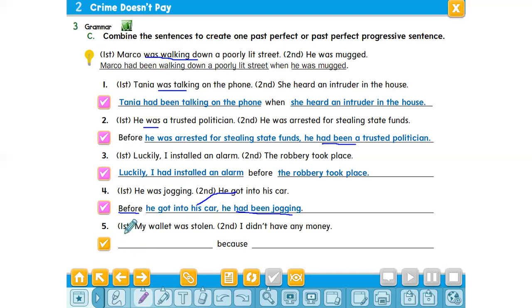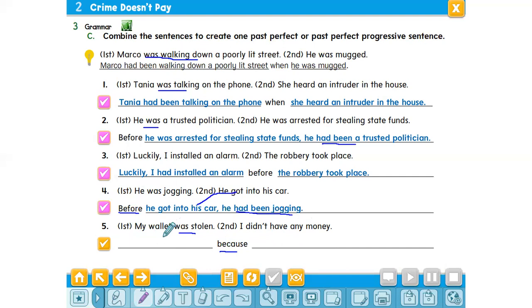Number 5, at first my wallet was stolen. Was stolen. It's the past. Then I didn't have any money. Here we will use because. Because is followed by the reason. Why I didn't have any money?